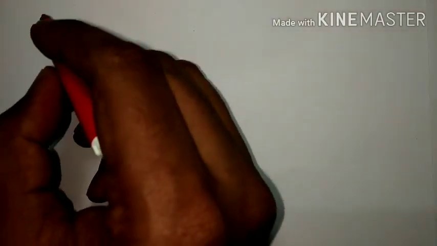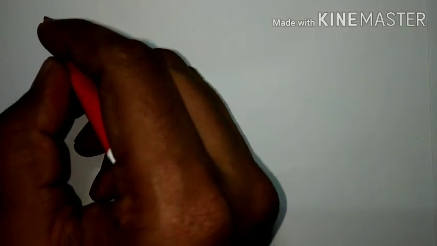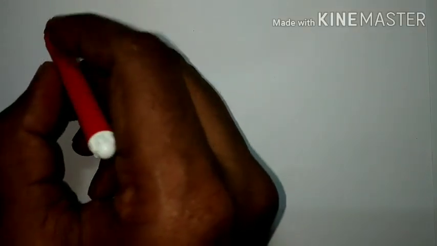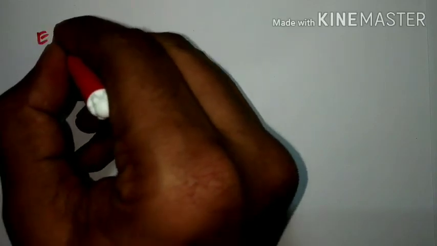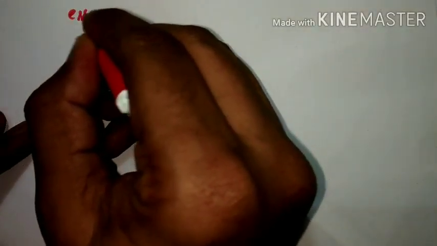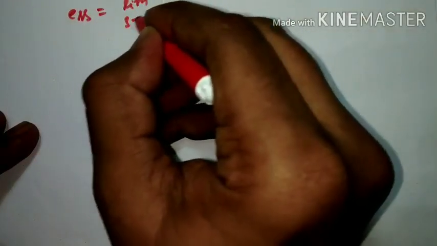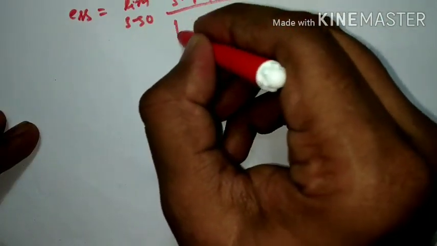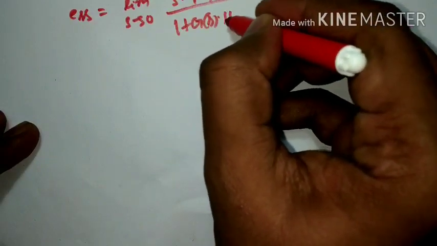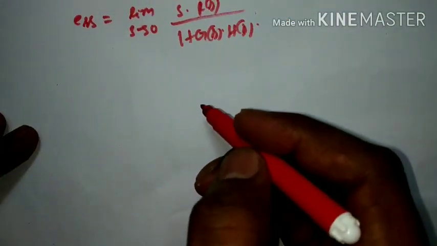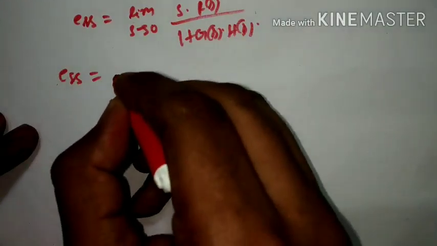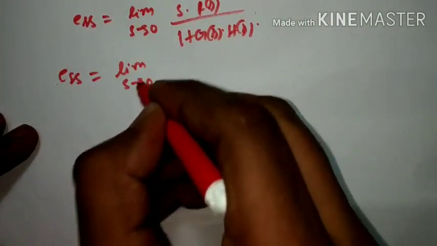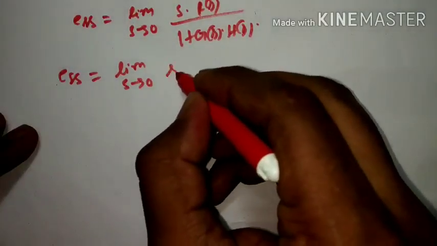So here, just substitute. After substituting, the steady state error ESS is equal to limit S tends to 0, S into R of S by 1 plus G of S into H of S. What is R of S?